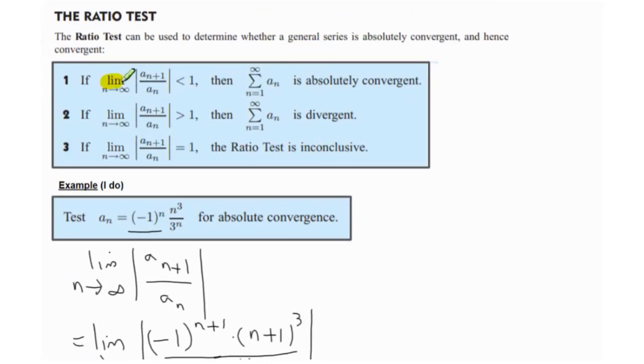So if we go all the way back up, what does this tell us? We have just found the limit as n approaches infinity of the absolute value of the ratio of the next term of the sequence over the current term of the sequence, and we have shown that it's less than 1 because it is 1/3.